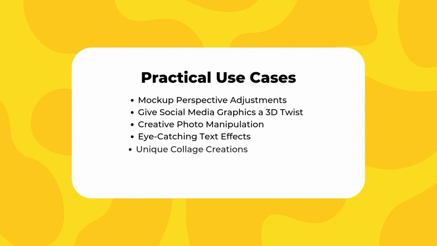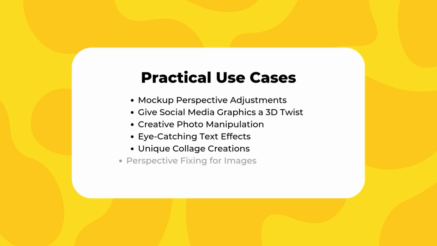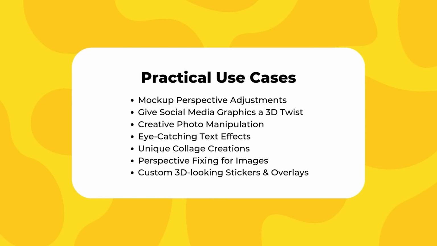We've seen this works fine with text. Unique collage creations, okay? So you could imagine cutting elements in specific ways, or skewing portraits of people and adding stuff coming out of their heads. This is possible. We've seen fixing the perspective on specific images and mockups, or you could try designing some custom 3D stickers with this app. So that's for the use cases.